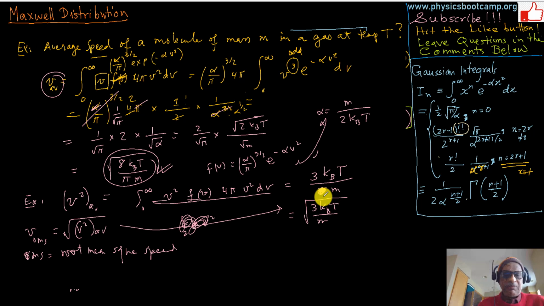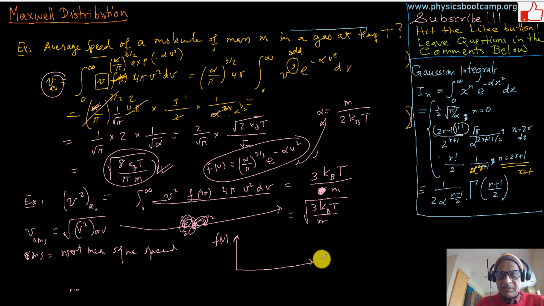Now there's another kind of speed people can get from here. If you look at this f(V), if I plot f(V) versus V, it will go up.